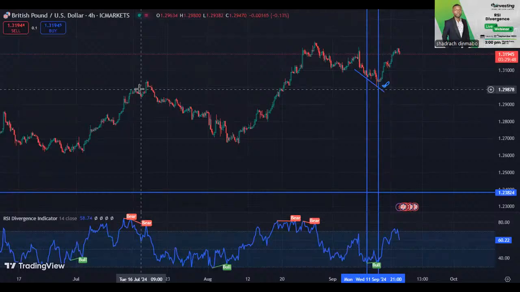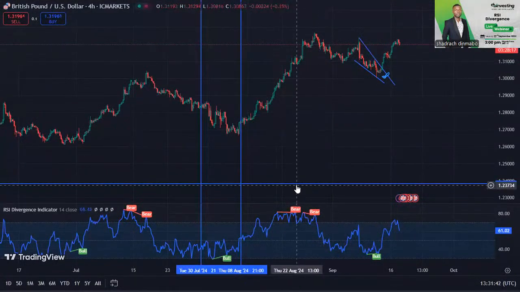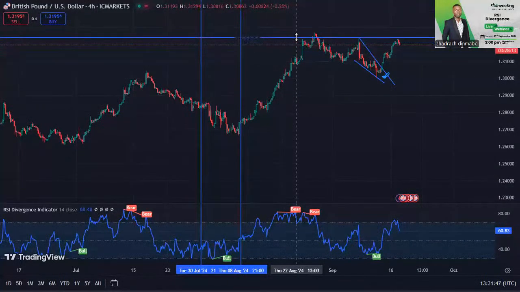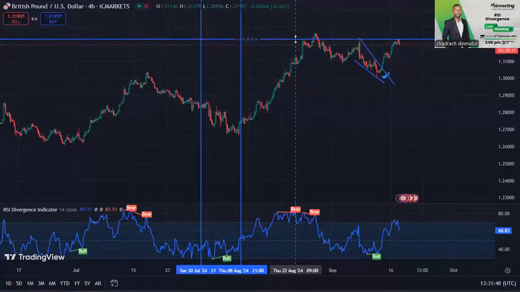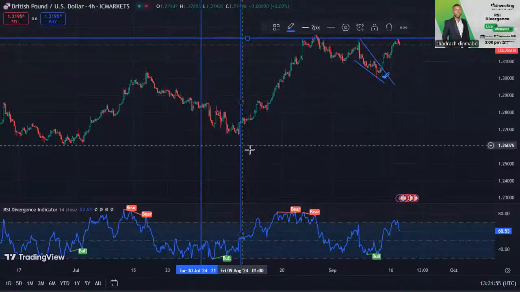And you can put your TP at this particular high here. So our target profit will be at this particular high, this resistance point here.